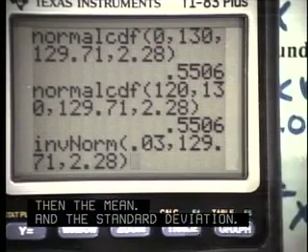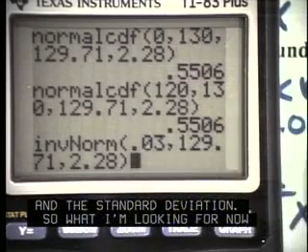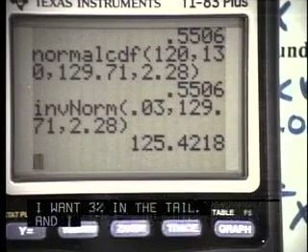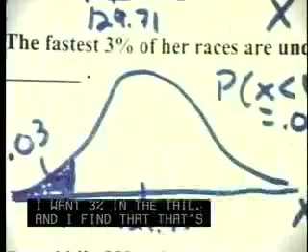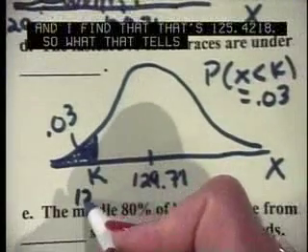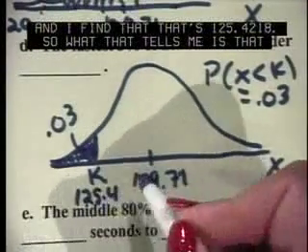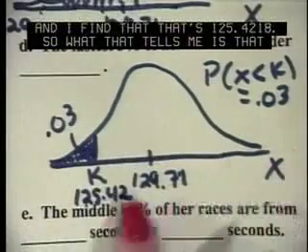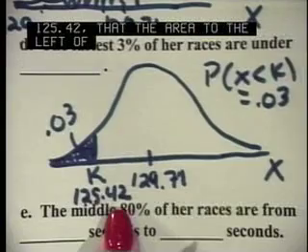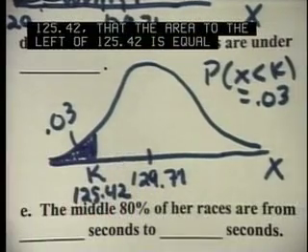So what I'm looking for now is I want 3% in the tail. And I find that that's 125.4218. So what that tells me is that the area to the left of 125.42 is equal to 0.03.